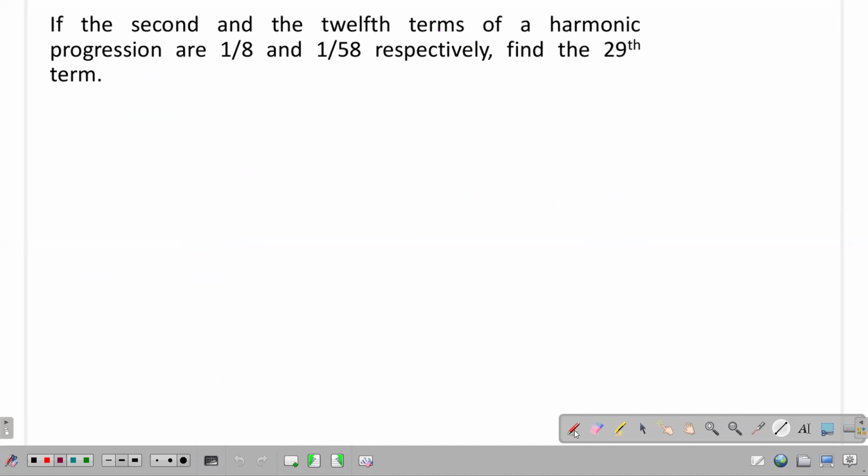Now with this short introduction, let us consider the first question for the day. It is given that the second and the 12th terms of a harmonic progression are 1 by 8 and 1 by 58 respectively. Find the 29th term. No problem. They have told you that the second term in that harmonic progression is equal to 1 by 8.